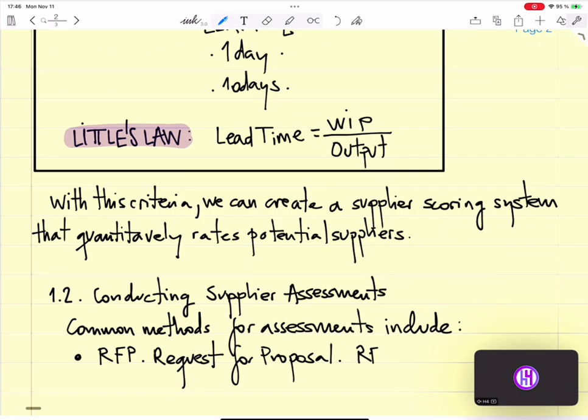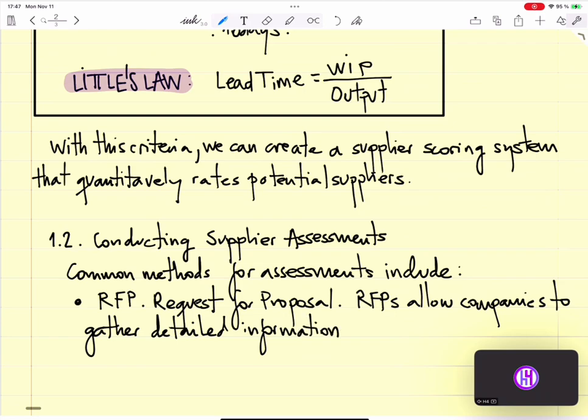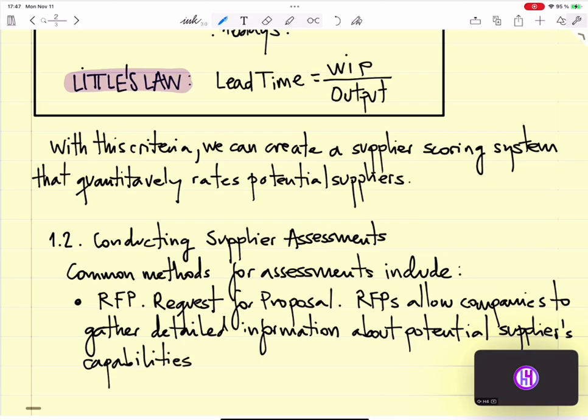RFPs allow companies to gather detailed information about potential suppliers' capabilities, pricing, and terms.